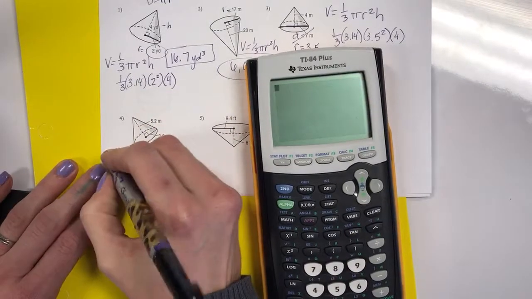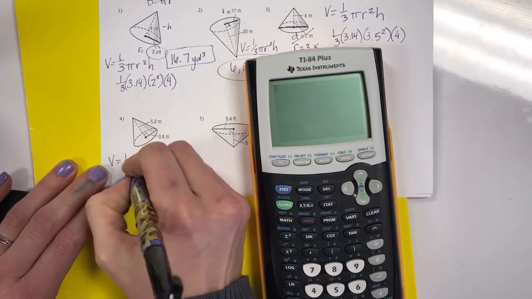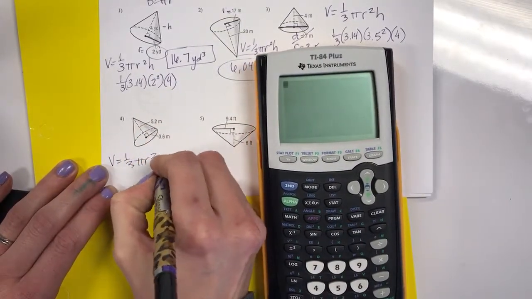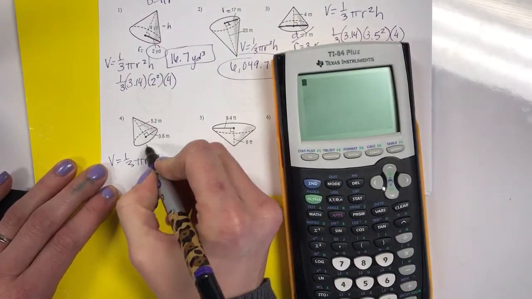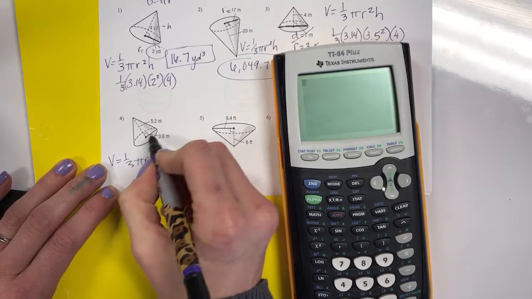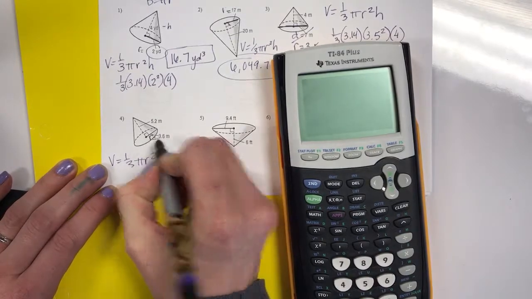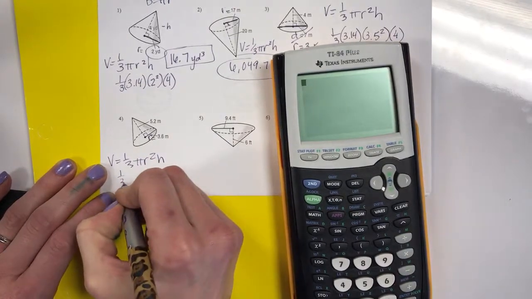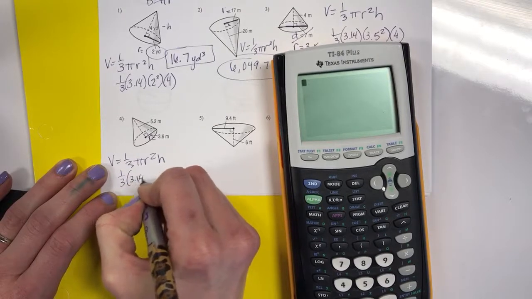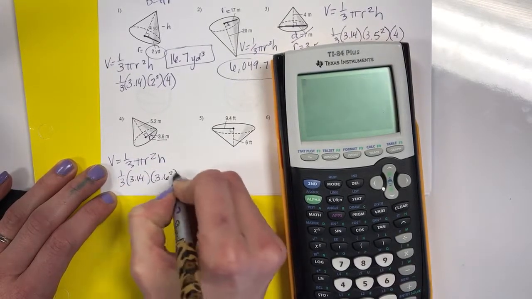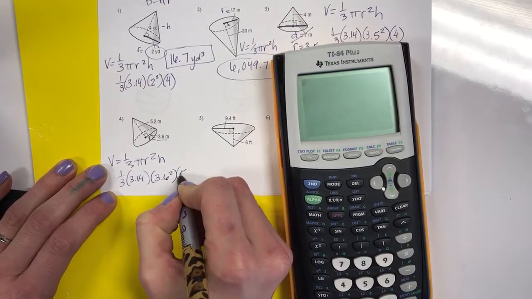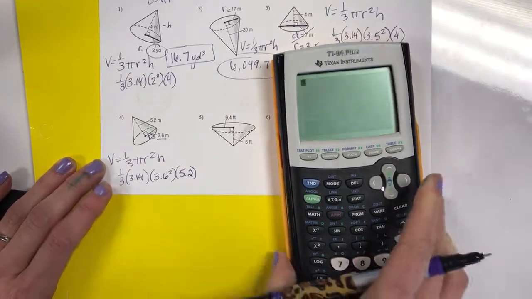Couple more practice problems. Number 4, 1/3 pi r squared times height. On this one, they only have half a line across that circle, so that's already my radius, and I can plug my numbers in. 1/3, 3.14, the radius was 3.6 squared, times 5.2 as my height.